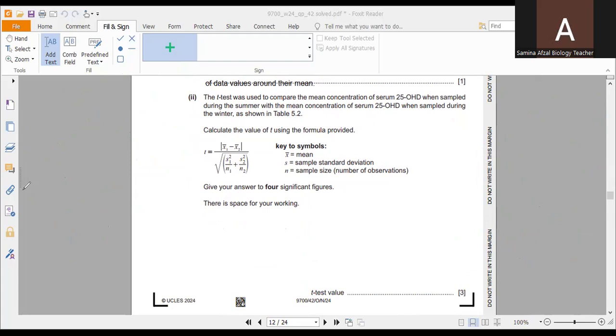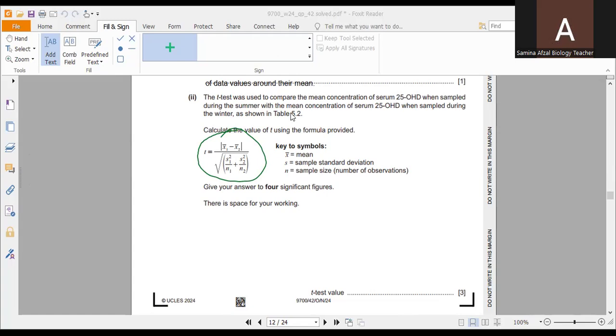So you have to take the values from the table and put them in the formula. For example, x1 is the mean value, s is the standard deviation, and n is the sample size, the number of observations.